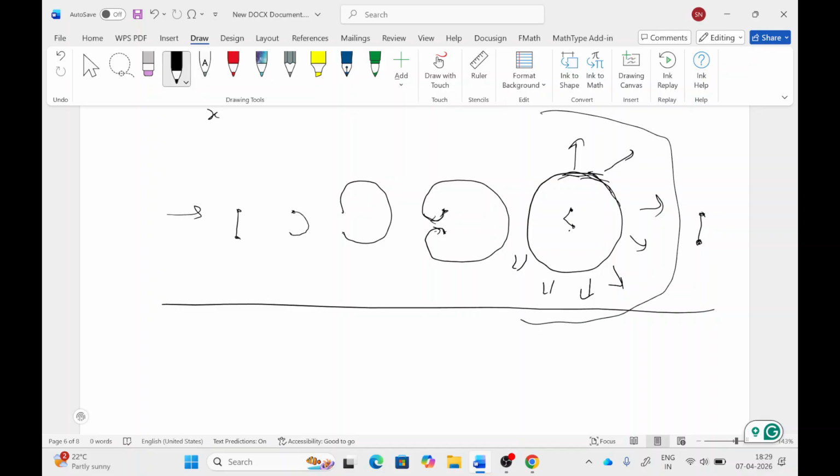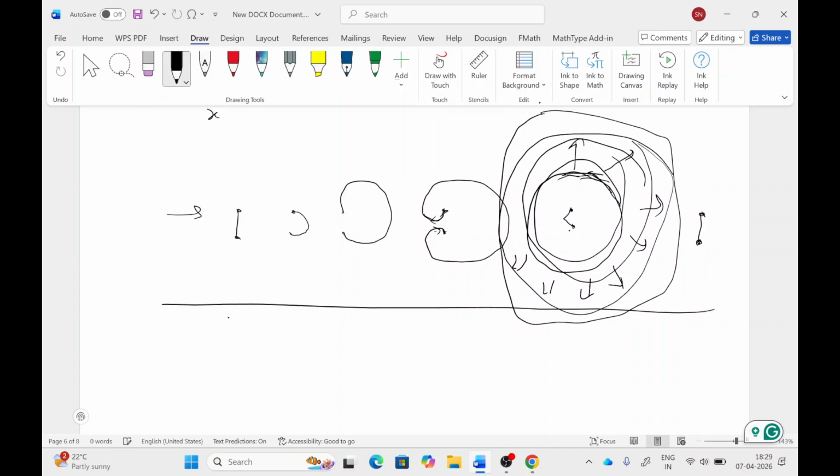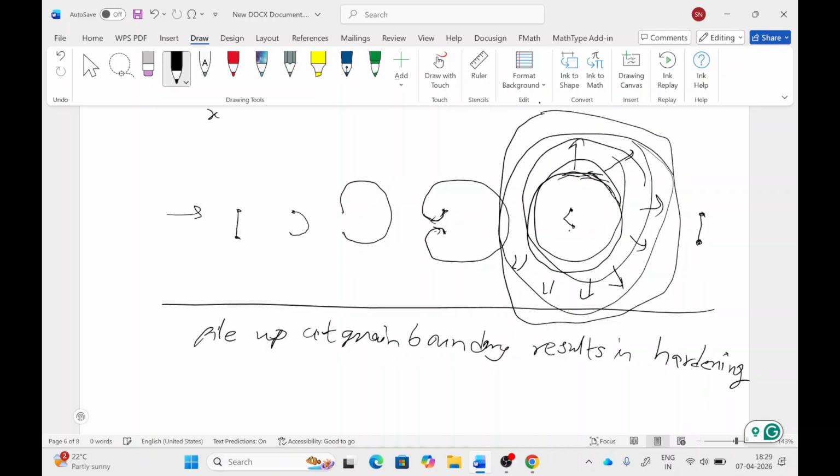Means if this is a grain boundary and the dislocation loop is extending towards the grain boundary, they will pile up like this. We studied in the last lectures that pile up at a grain boundary results in hardening. Okay, so this is how the dislocation density increases.